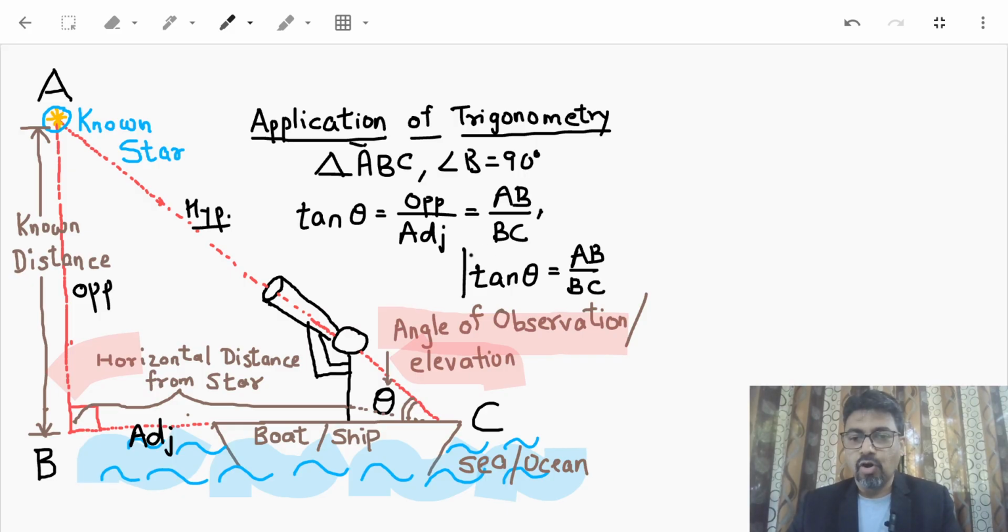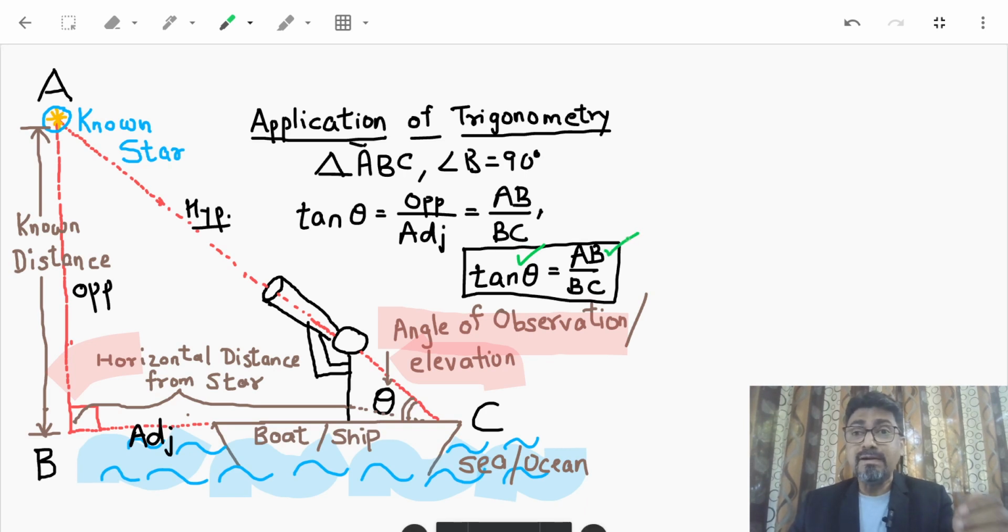Now students, if you observe this particular relation, which values are we aware of? We know theta because that is the angle of observation at which the sailor is observing the star. We also know AB because that is the vertical distance of the star, which has been pre-calculated. That's why the sailor is observing only that star. Tan theta was already defined for various angles.